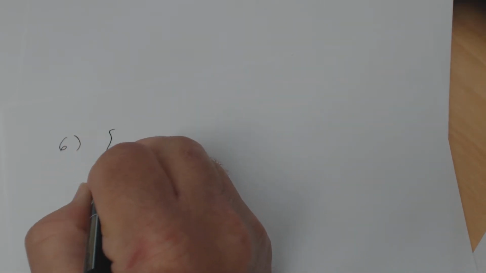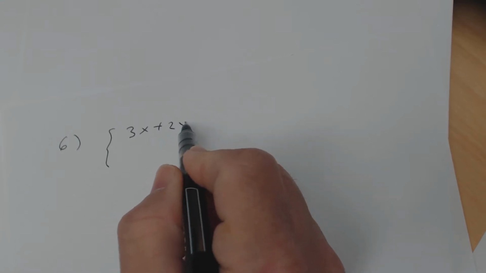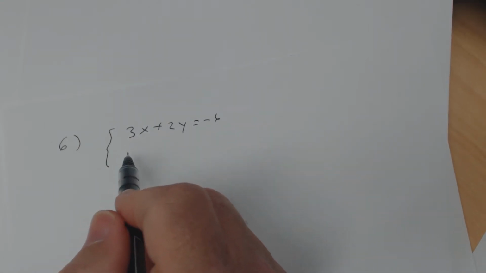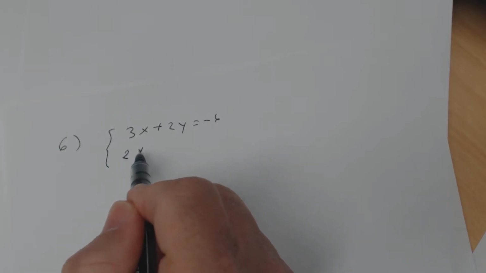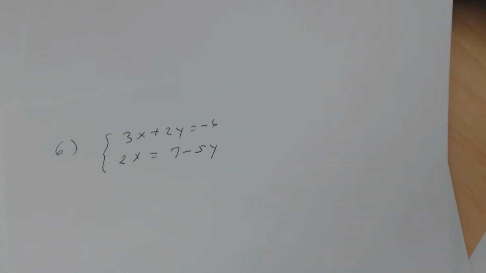All right, let's look at number 6. Suppose you had this one: 3x plus 2y equal -6, and 2x equal 7 minus 5y.